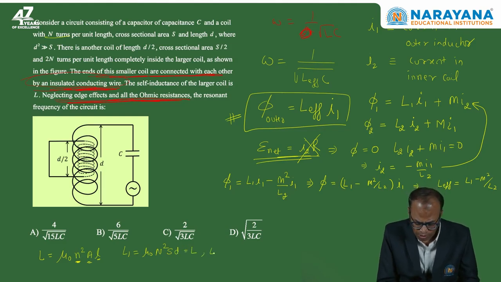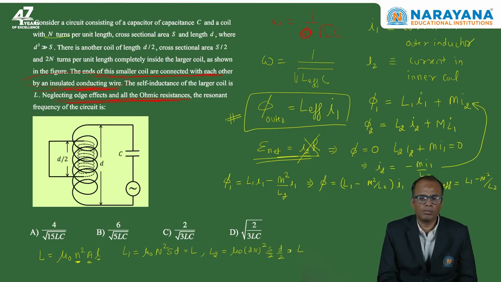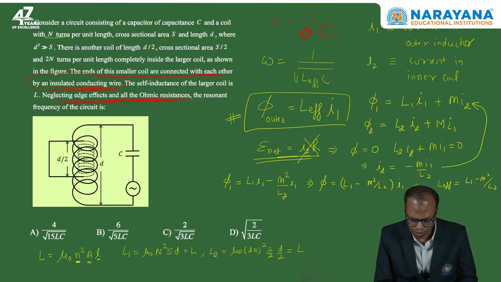Now let's talk about L2. L2 will be mu naught times the number of turns, which is 2N square, times the cross-sectional area times the length. This also comes out to be L. They are trying to keep life easy for you.